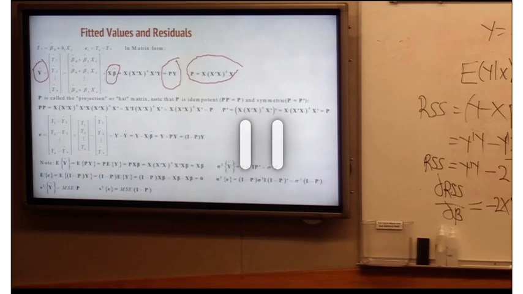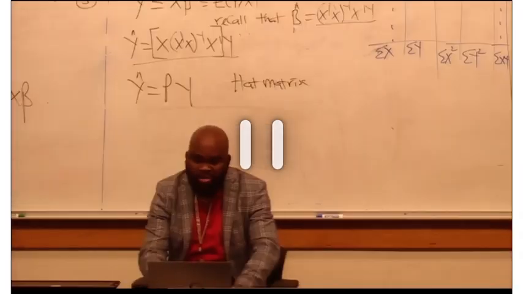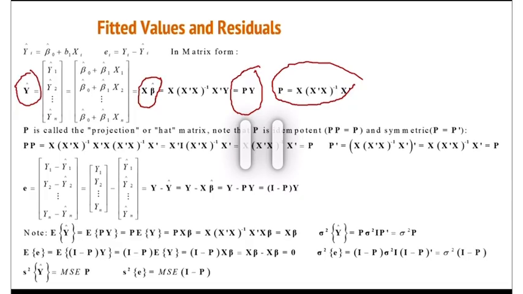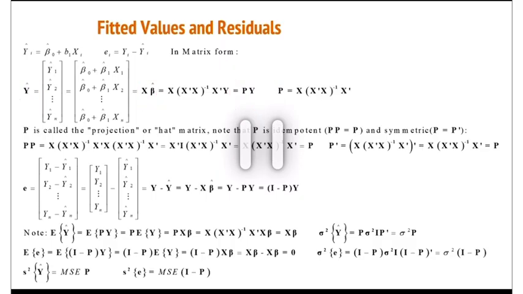The validity of whatever we're going to be doing in this area of statistics depends on the properties of the hat matrix. Please pay attention. One of the properties of the hat matrix is that it is idempotent.